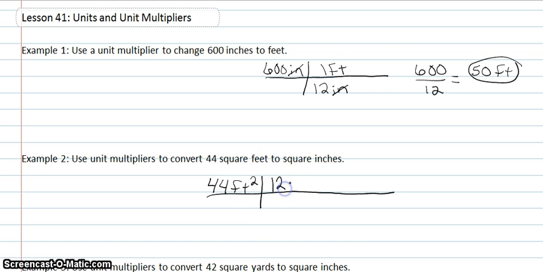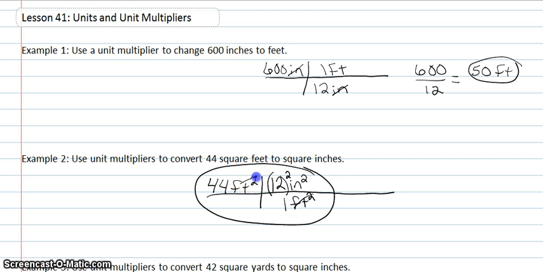So there's 12 inches in 1 foot. But here's the thing, this foot is squared. So if I'm thinking about square feet, I will need to square my units. So that will be 12 squared. And then we can just leave our answer like that. The feet squared canceled, so it's in inches squared.